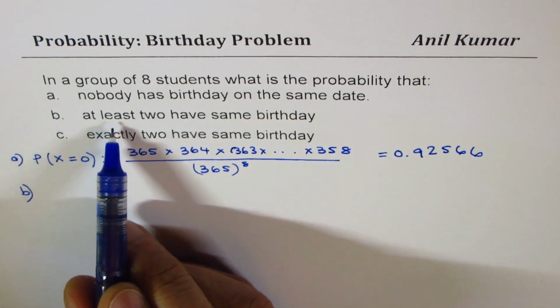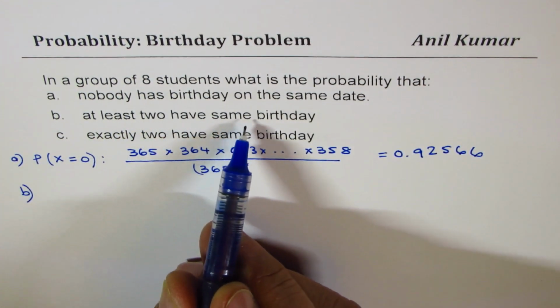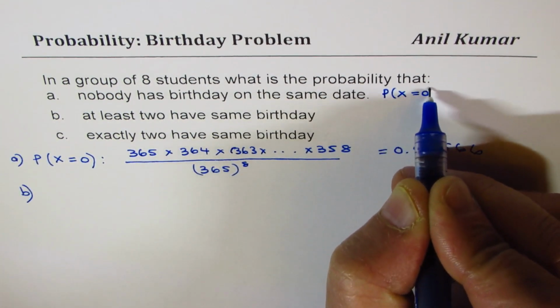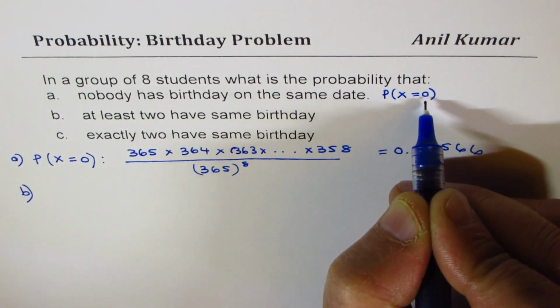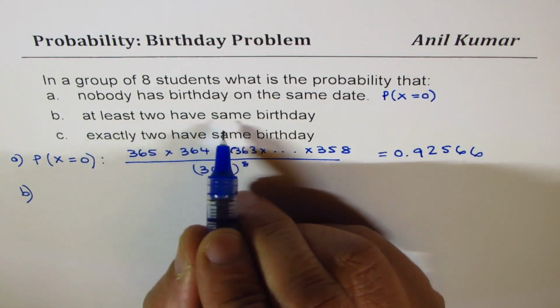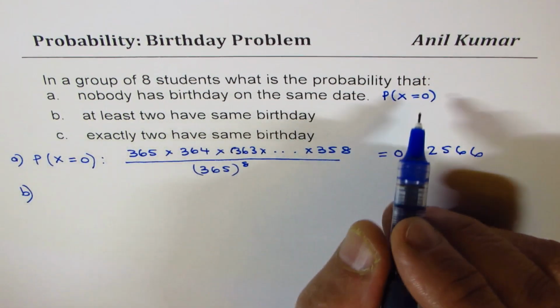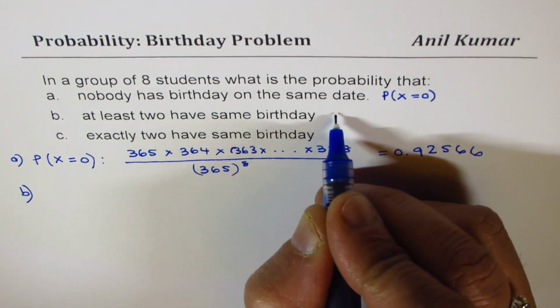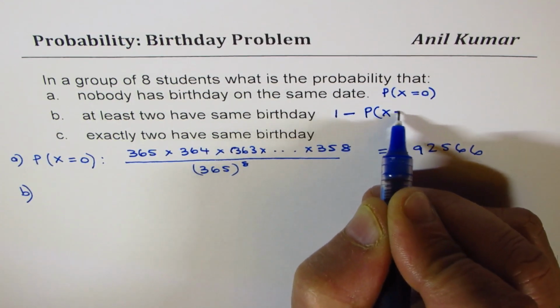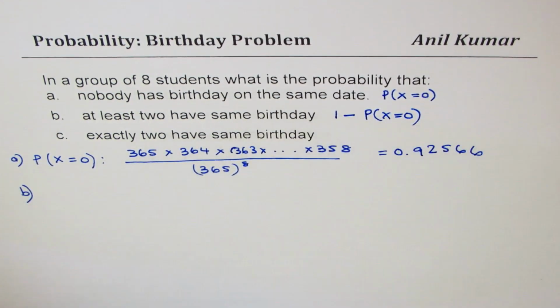Now let's look into part B. Part B is at least 2 have same birthdays. We have done the first one, where x equals 0, or some of you can say x equals 1, all unique dates. At least 2 means not that condition. So that means 1 minus the probability of having unique dates.